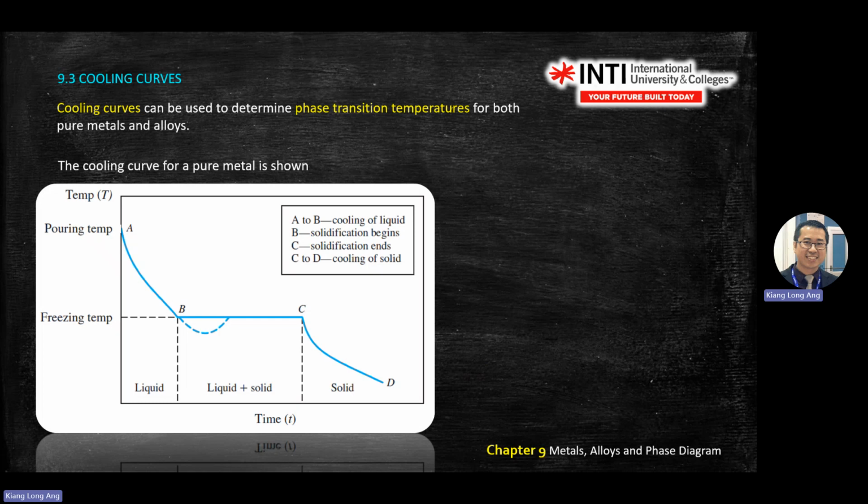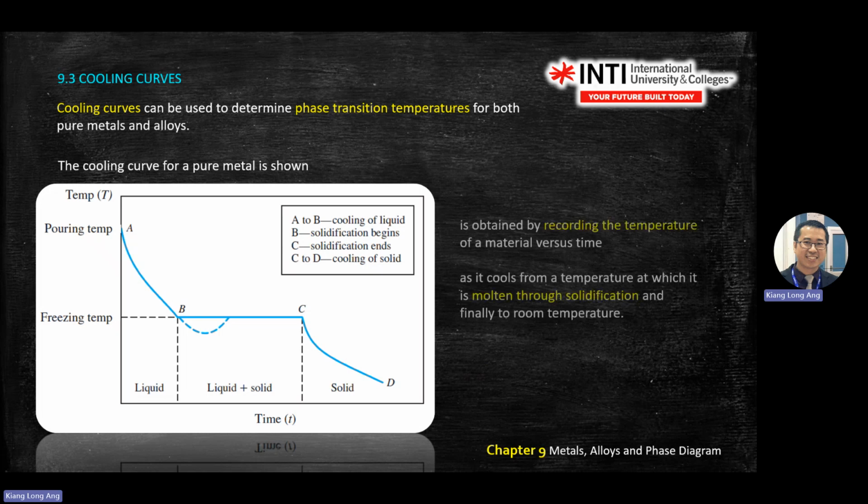As it moves from B to C, they grow. When you reach C, it is 100% solid, but it still has temperature. Then after C, the whole metal cools down.